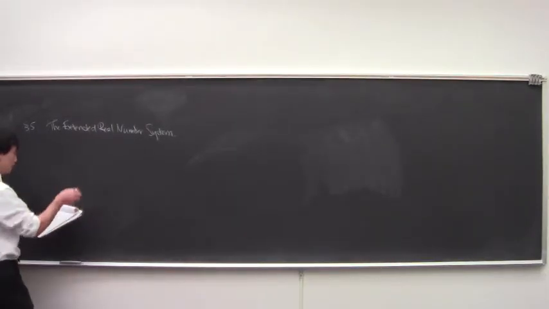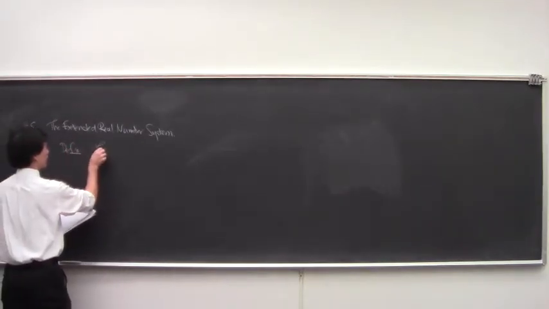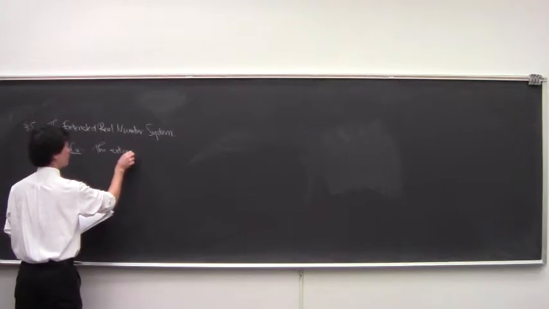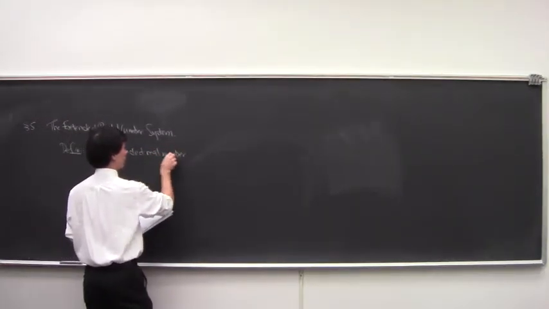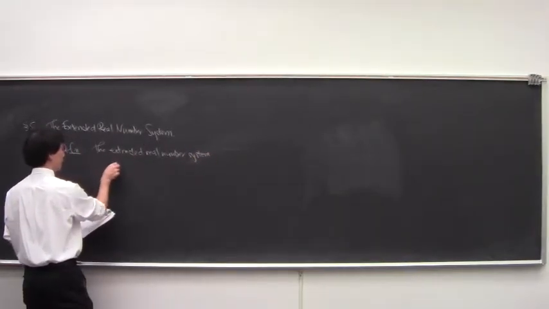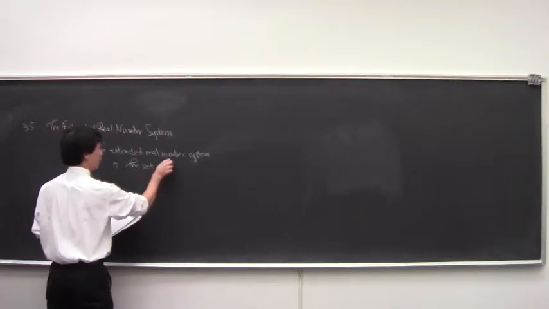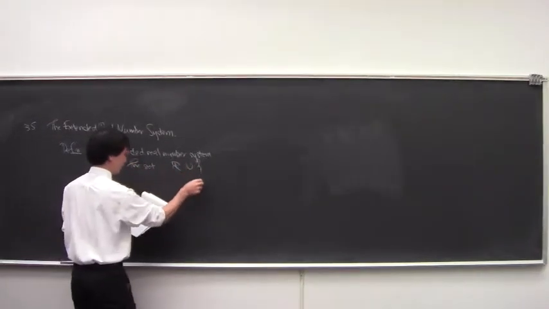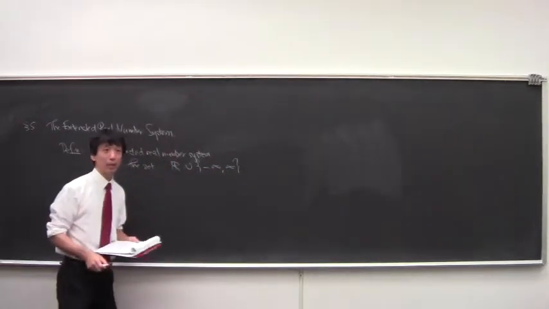The extended real number system simply consists of the set R union these two symbols, negative infinity and positive infinity.